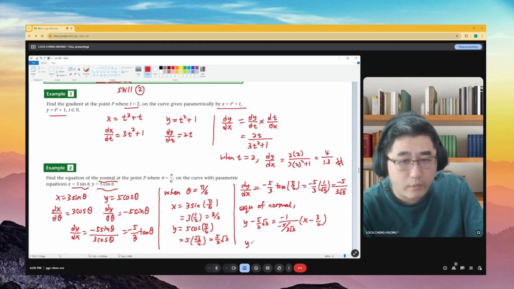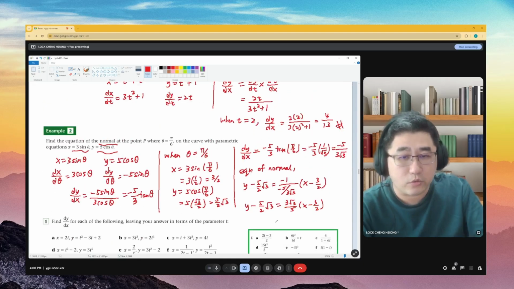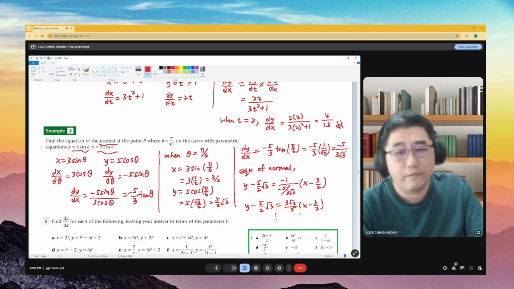So y minus 5 over 2 square root 3 equals 3 square root 3 over 5 times x minus 3 over 2. Of course, in the end, it depends on whether the question wants you to simplify it or not. If you need to simplify, then you simplify.